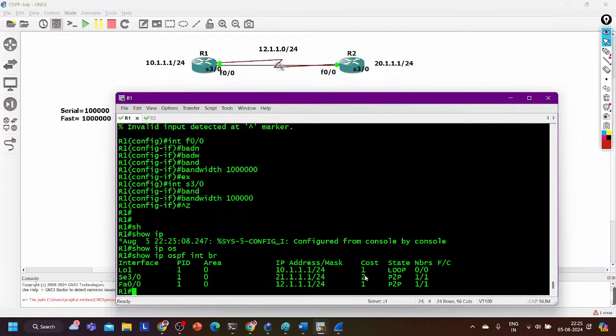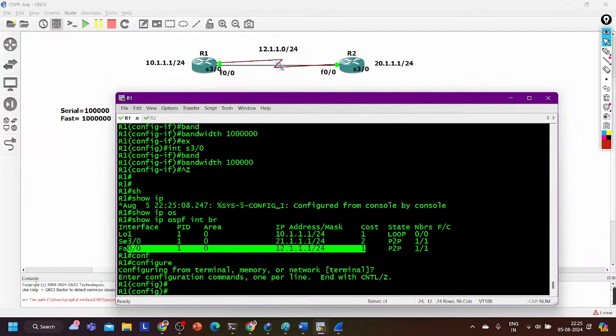Cost is 2 on the serial link. Cost is 1 on the fast Ethernet link. Okay, in this scenario, it is able to find the best path.